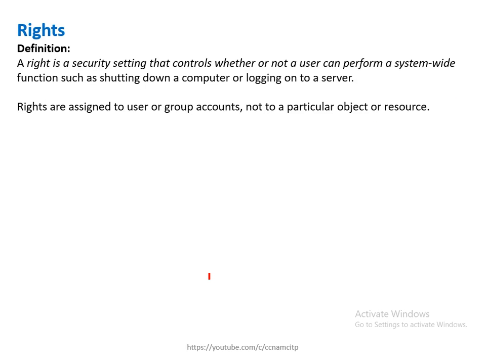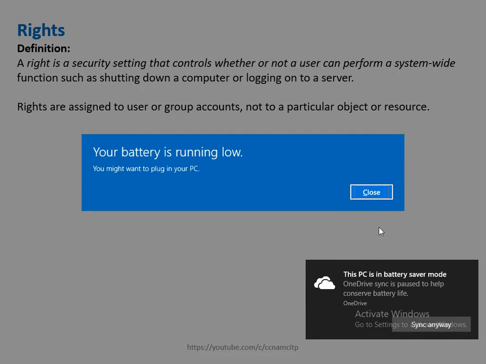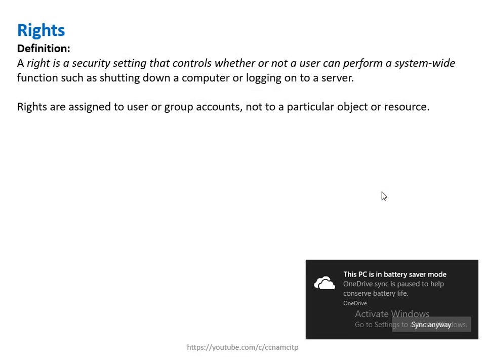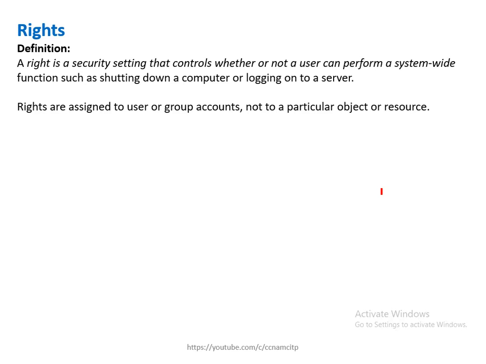Next one is, guys, rights. What do you mean by rights? Lots of times what I have seen is that couple of guys are not able to understand the difference between rights and permission.